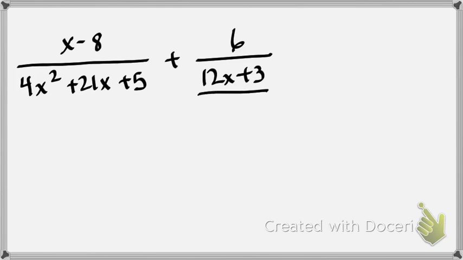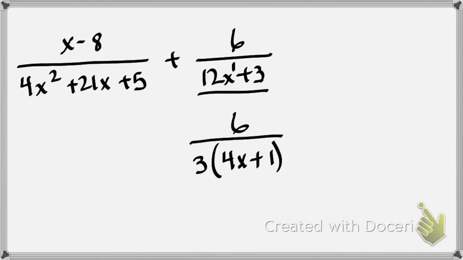Now this one over here, I don't have to do anything like what multiplies because I just have a single degree here. So we're just trying to figure out what can I divide 12 and 3 by that goes into both evenly? And it looks like it's going to be 4x plus 1. And then we have a 6 on top.